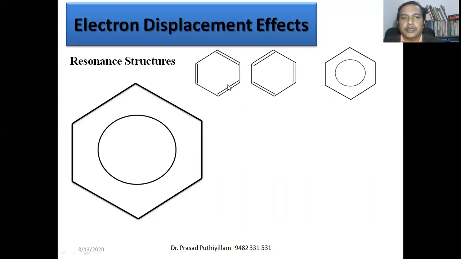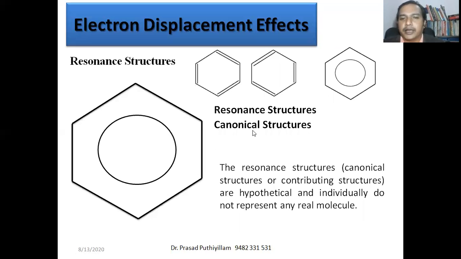These two structures are the resonance structures of benzene, also known as canonical structures. Resonance structures, canonical structures or contributing structures are hypothetical and individually do not represent any real molecule. So this does not exist as such. It is hypothetical, so theoretically it is not possible.